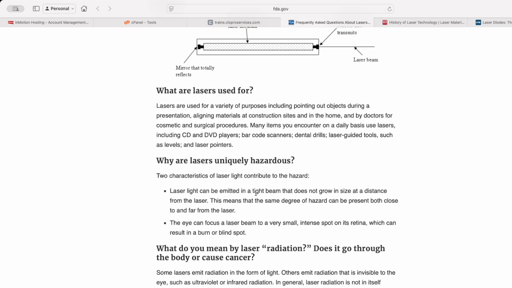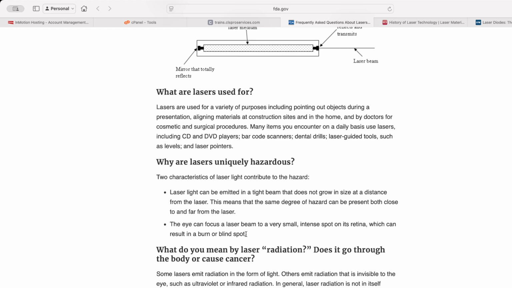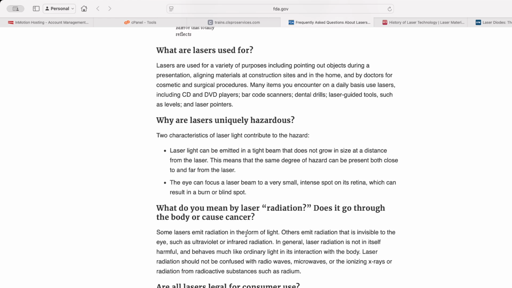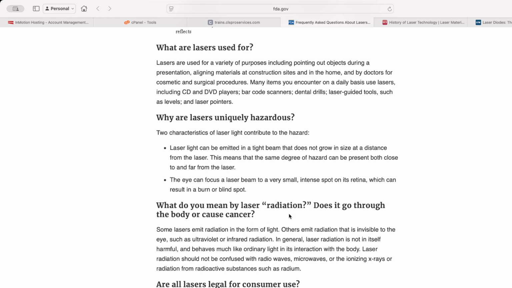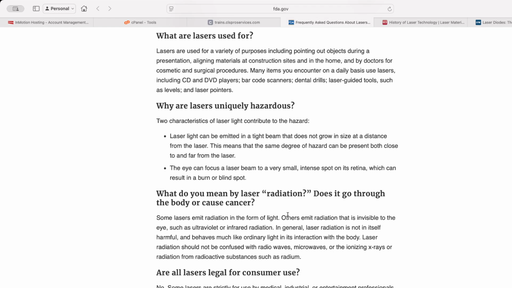Now, they talk about the hazards of lasers, so light, basically, because that can damage your eye. That's the biggest danger that they see. I don't think they talk about burning your skin or something, but they're talking about looking at a laser without any kind of enclosure, or even having it in your eye from a pointer or something.